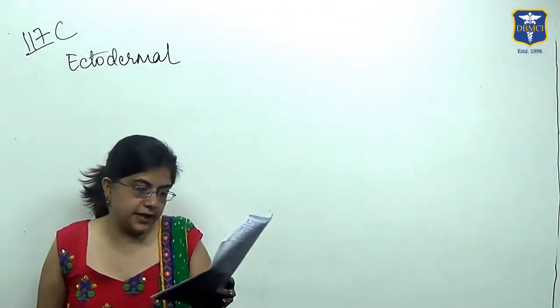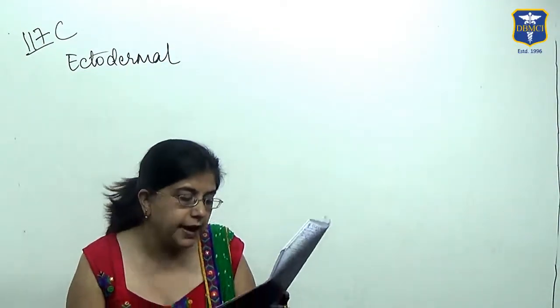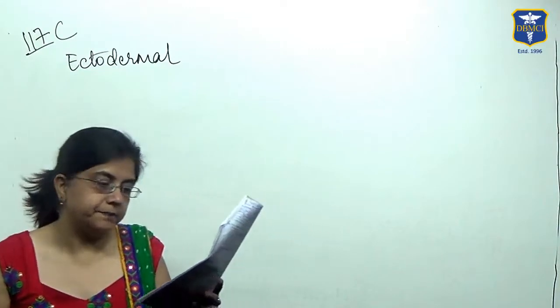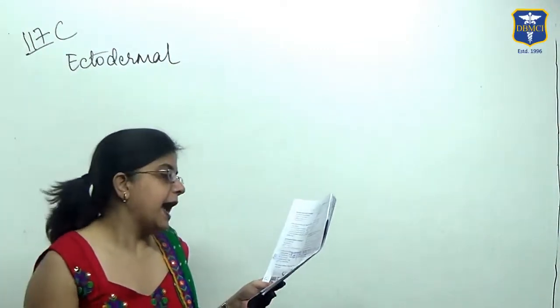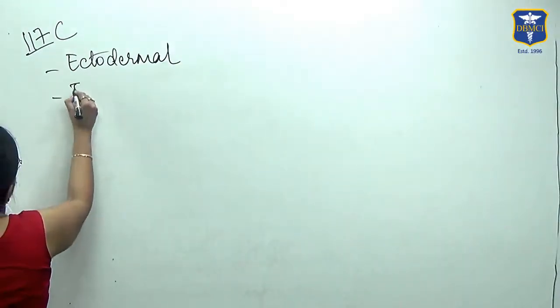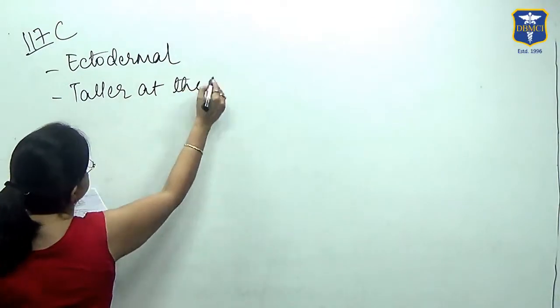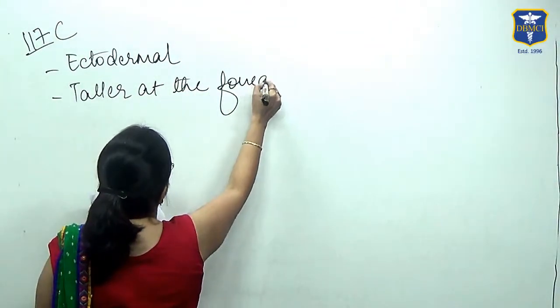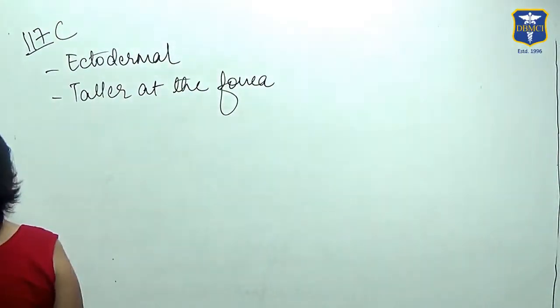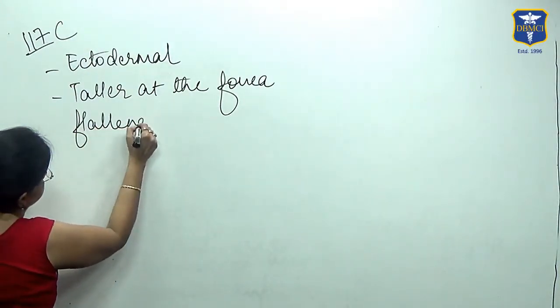Choice B says they are shorter, but they are not shorter, rather they are taller at the fovea than elsewhere, and they become flattened towards the periphery.